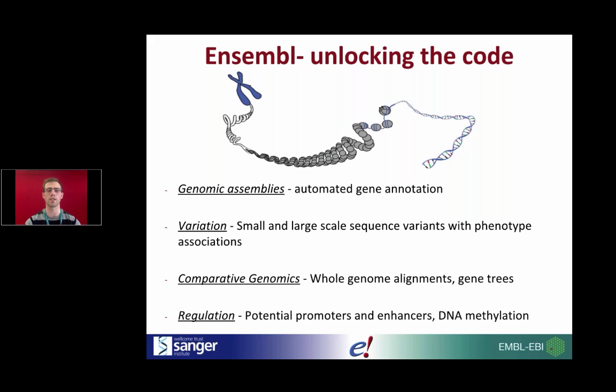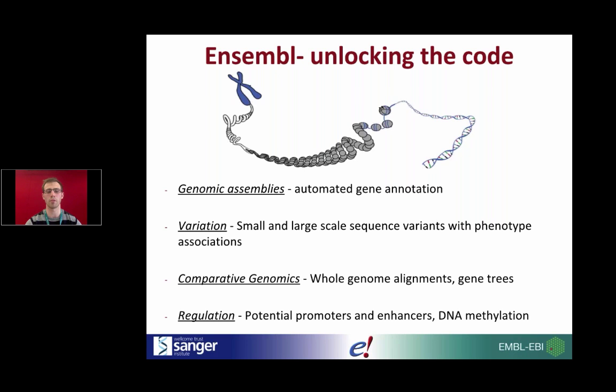So Ensembl does this in 4 main ways. Firstly, we have genomic assemblies. For each of the species that we host in Ensembl, the genomic assembly is automatically annotated with our gene annotation pipeline with gene models. We also have a large amount of variation data. So we have both small and large scale sequence variants with the phenotype associations where that data is available.